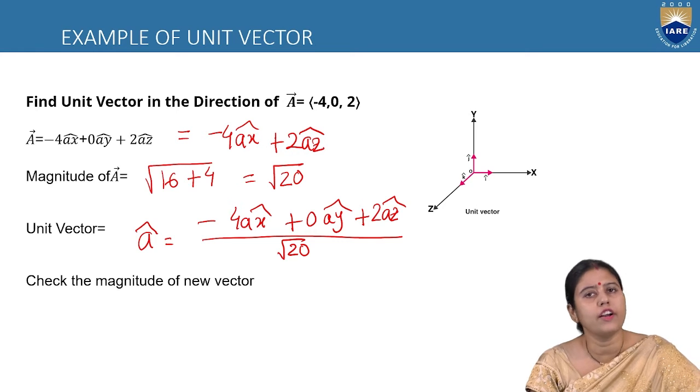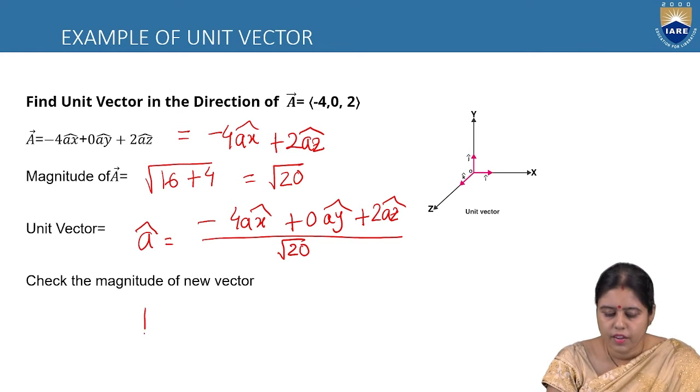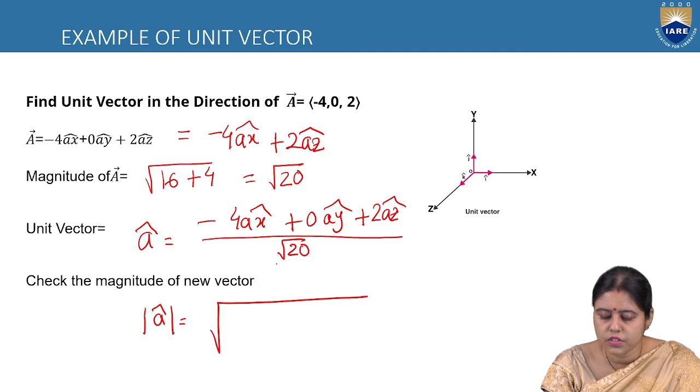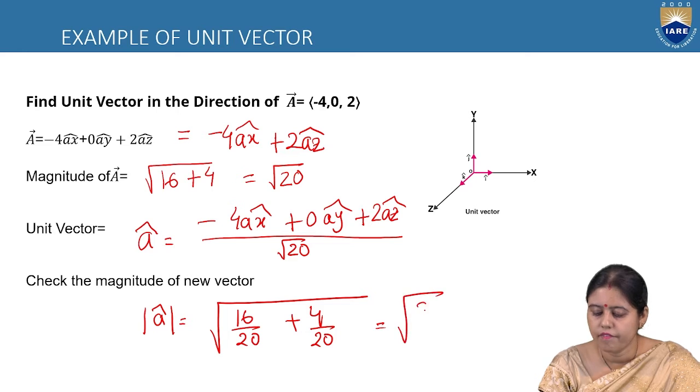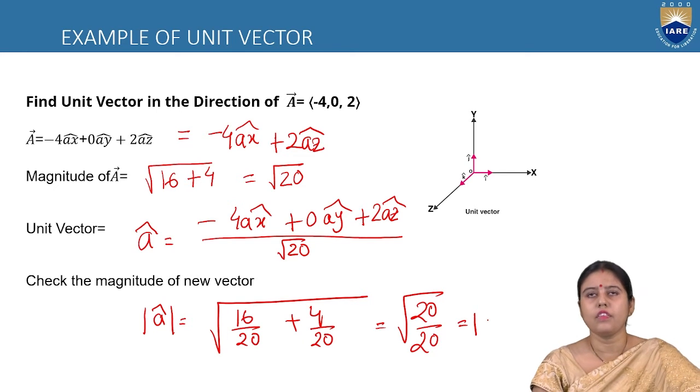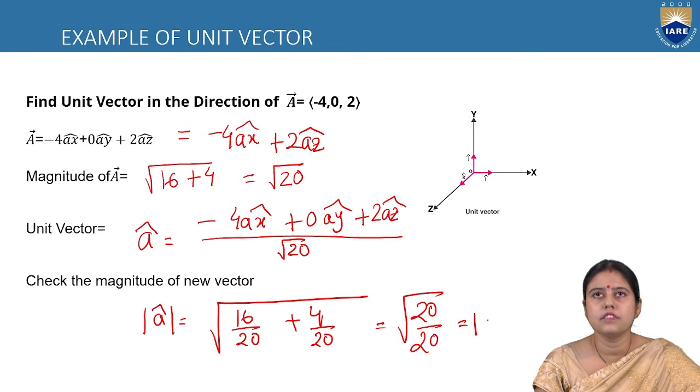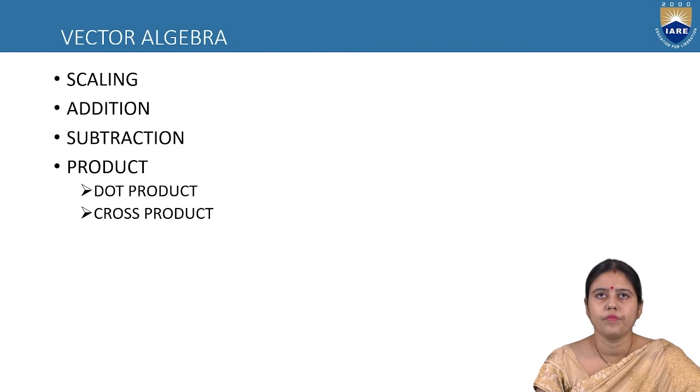This is only for your understanding. Okay, so a cap is equal to 4 square 16 by 20 plus 0. I am not writing 4 by 20. Okay, so this is the unit vector.